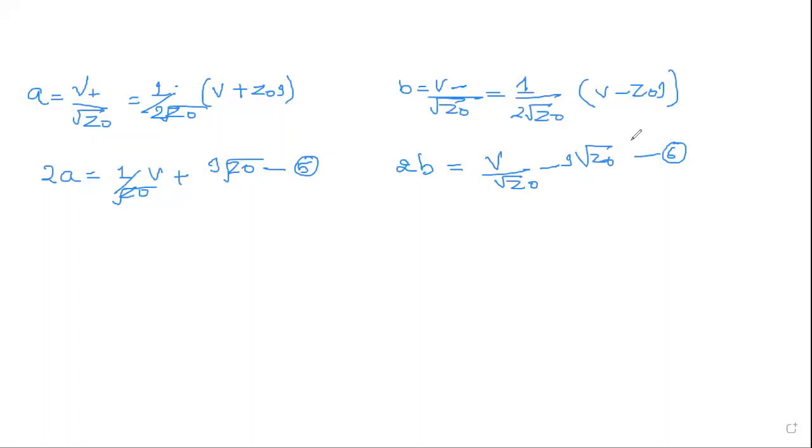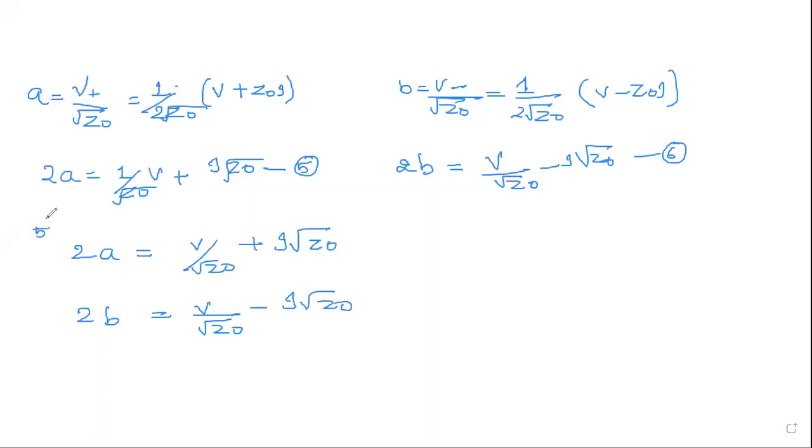To do that, add again 5 and 6 equation. So if you add 5 and 6 equation, it is 2a is equal to V by square root of Z naught plus I into square root of Z naught. Similarly, this will be 2b, which is equal to V by square root of Z naught minus I into square root of Z naught. This is adding equation 5 and 6.